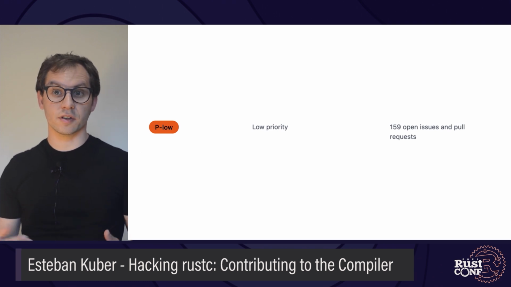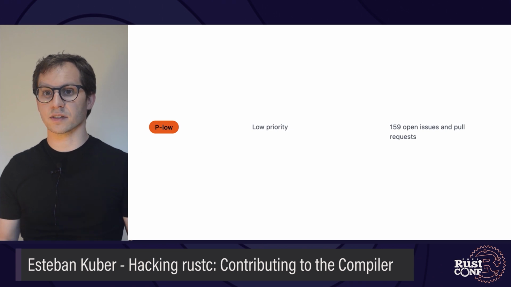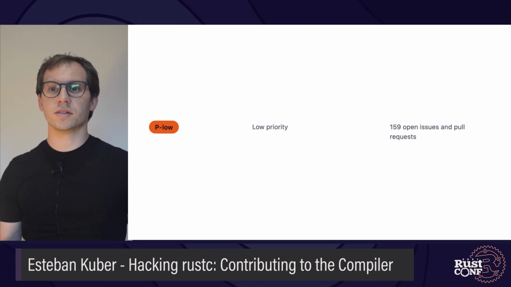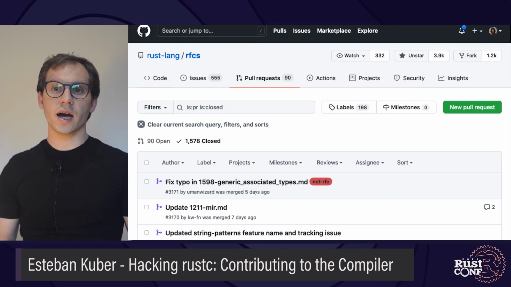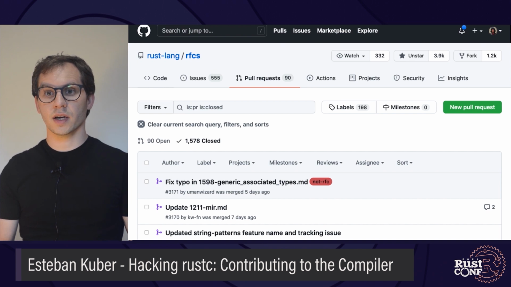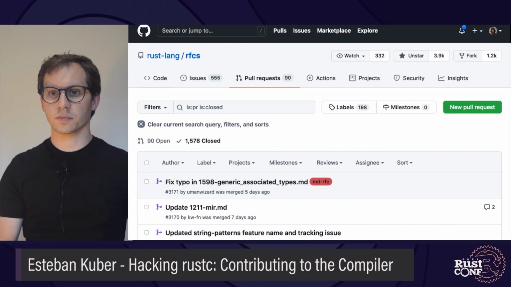Paradoxically, that lower level of urgency means that the pressure people feel when taking them on is much more relaxed. You can take your time to get yourself up to speed without the fear that, let's say, a stable release is going to go out with a regression if you don't act quickly. If you're feeling more ambitious, you can look at recently accepted RFCs and their corresponding tracking items, where you may be able to help bring new features to nightly or stabilize existing nightly features.